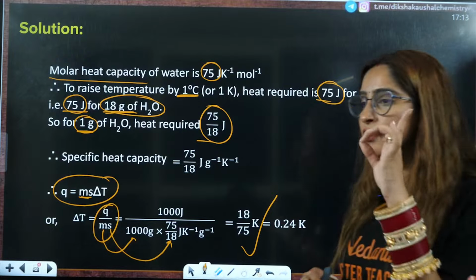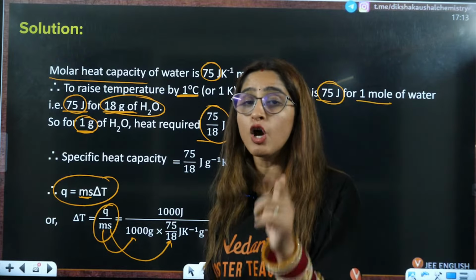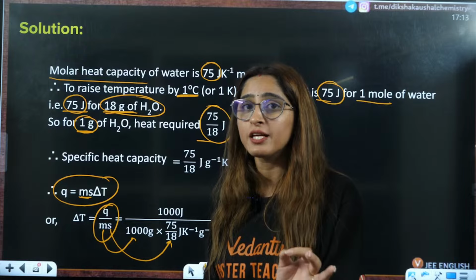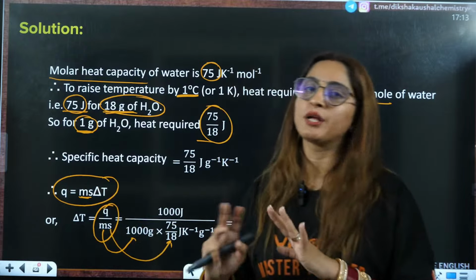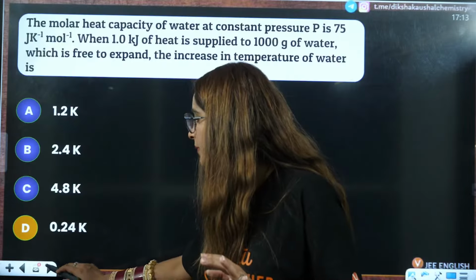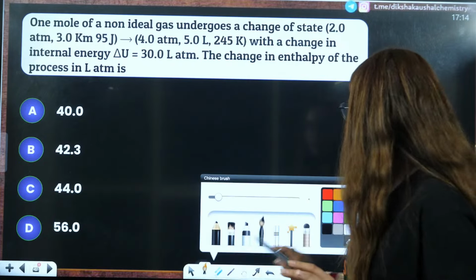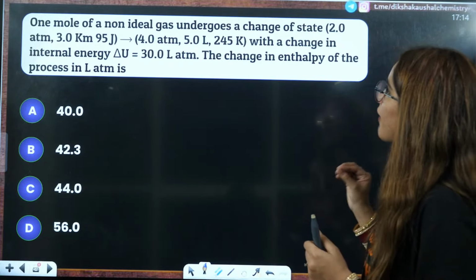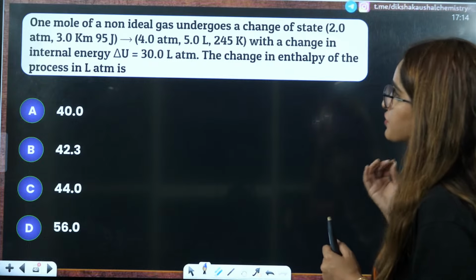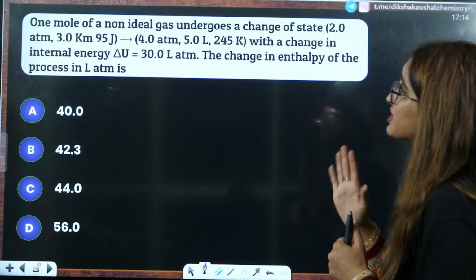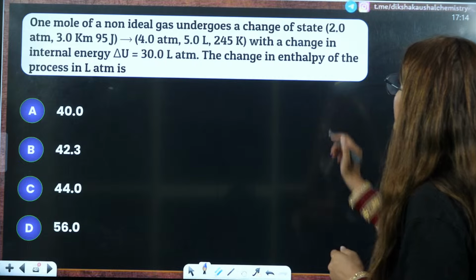What you should know is the formulas of heat capacities here, molar heat capacity, specific heat capacity. Directly, you can solve the questions from heat capacities. Next is, 1 mole of ideal gas undergoes a change of state from this to this, with a change in internal energy, change in enthalpy.